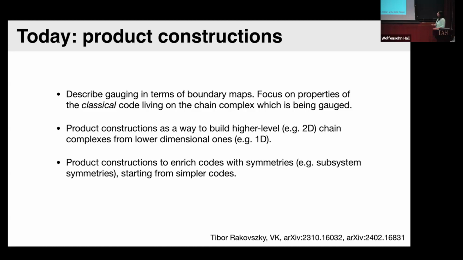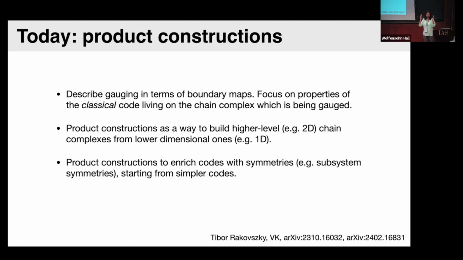And with that perspective, I then want to describe various of these product constructions that have appeared in the computer science literature in more physicsy terms. Okay, the goal of those product constructions will be to enrich models, take simpler models and enrich them with properties that you need in order to get interesting quantum codes at the end of it. So the simplest thing that you want to do out of these product constructions is to build these higher level or 2-dimensional chain complexes starting from 1-dimensional ones.